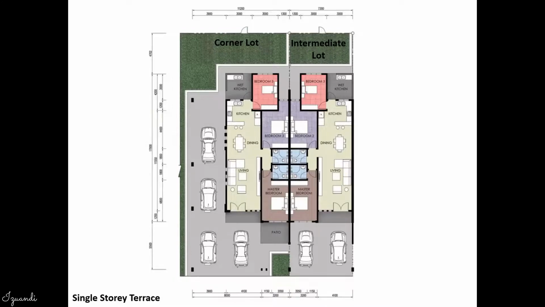In the side area they can plant a garden or trees, or make it a porch, or extend the building more towards the side. And the intermediate, normally the size will be the same until the end lot. Okay, this is the size for the height of the drawing.